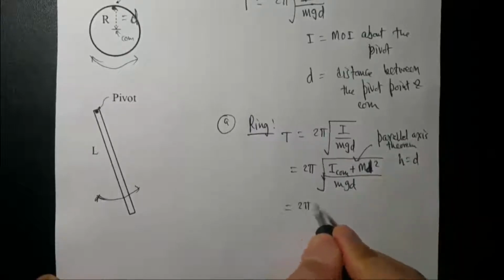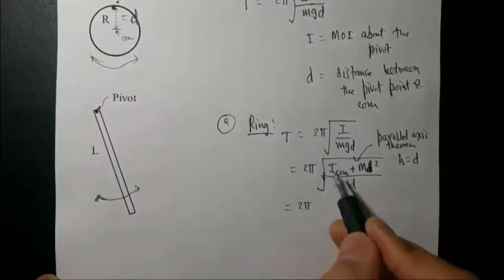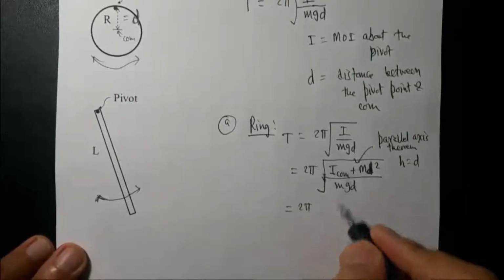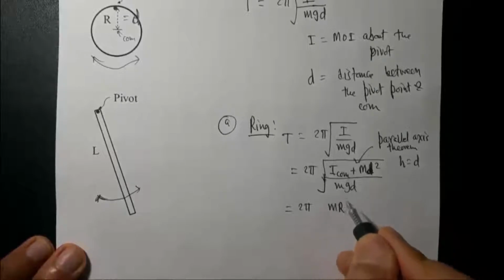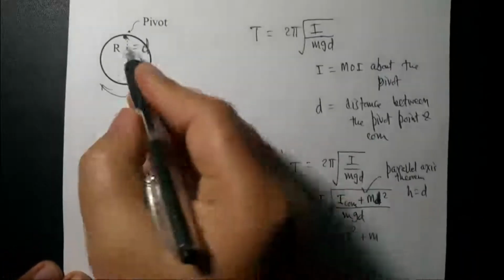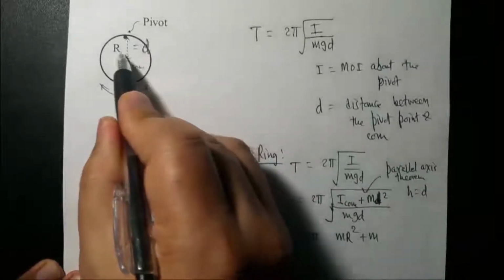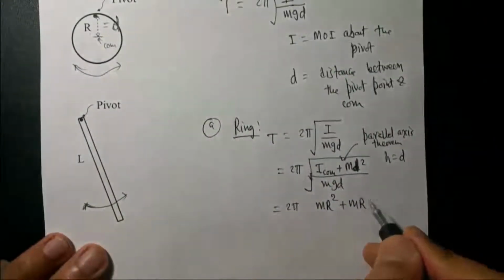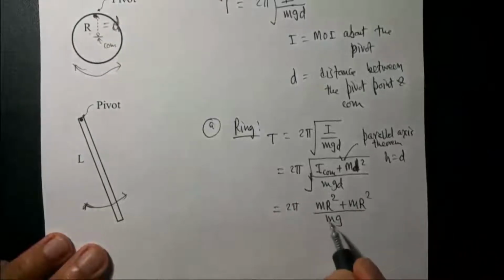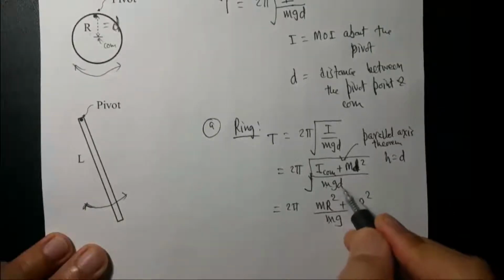Now just put in all the values. I_COM is the moment of inertia about the center of mass. For a ring, the moment of inertia about the center of mass is mr squared. And d in this case, like I said, is just the radius. The m in the denominator is the total mass, which is just m, and g, and d is again r.